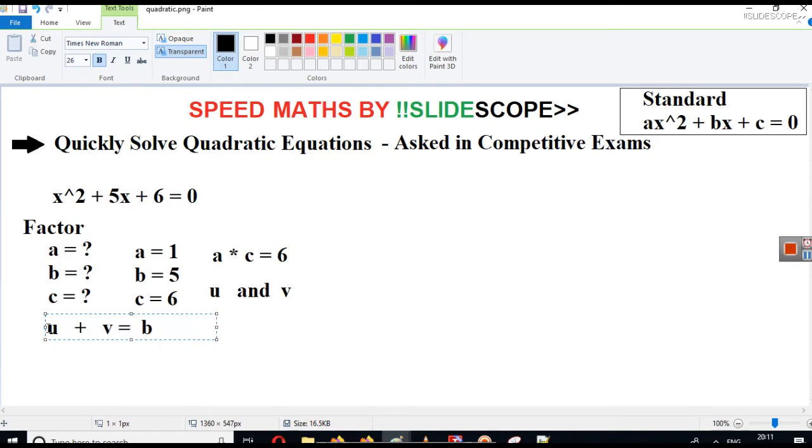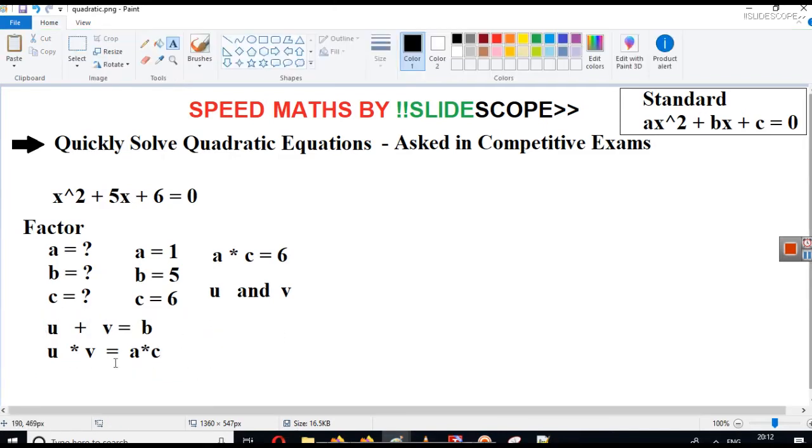The sum of these two factors should be equal to b, and u multiplied by v is equal to a multiplied by c. So u plus v is equal to b and u multiplied by v is equal to ac, where u and v are the two factors of this particular a into c. That's why u into v will be a into c.